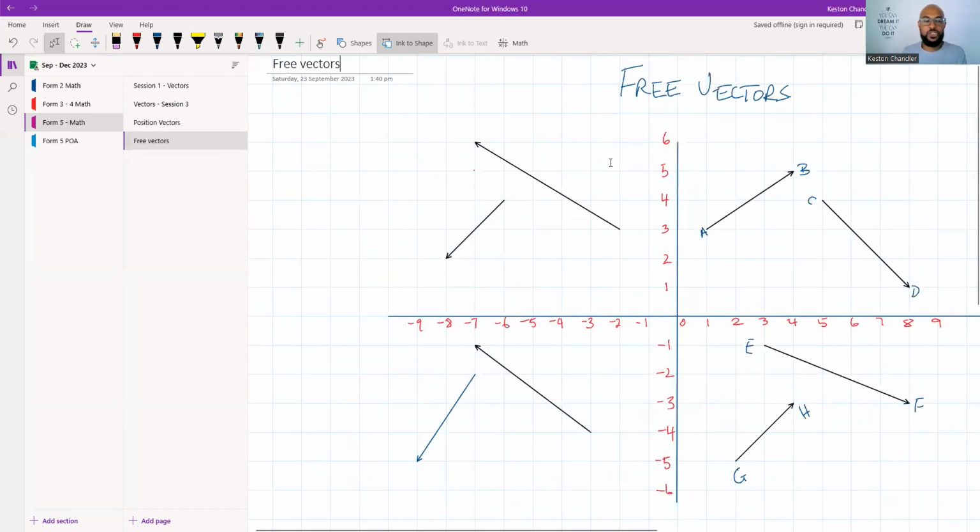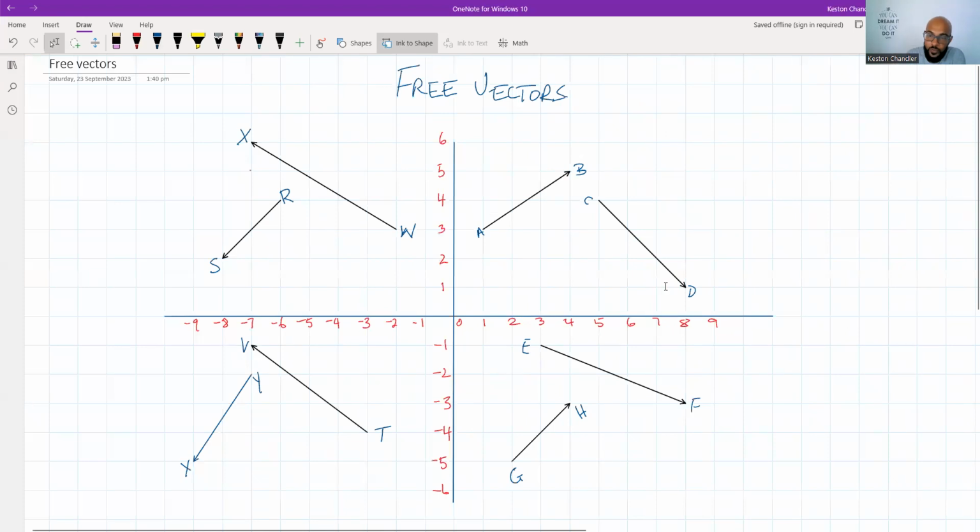Right, so the free vectors, they're just random anywhere on the page. Call this one XY, or YX rather. This one TB, and this one RS, and this one WX. Right? So what I want to do is show you guys how we're going to write these now, how we're going to find what AB is, what CD is, what EF is.